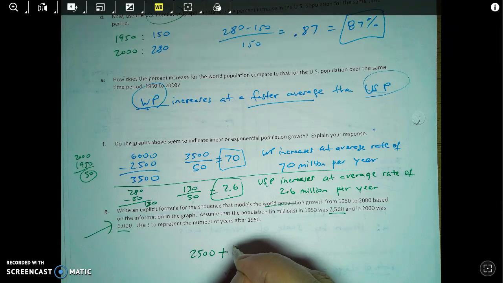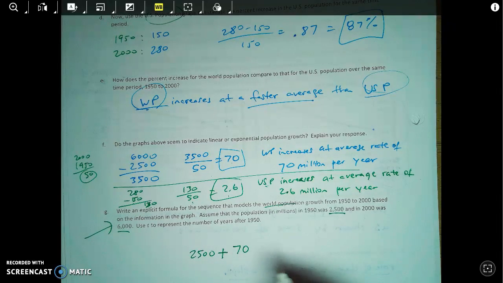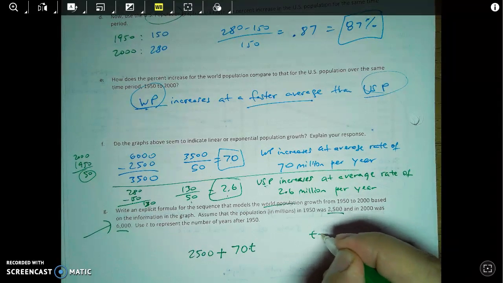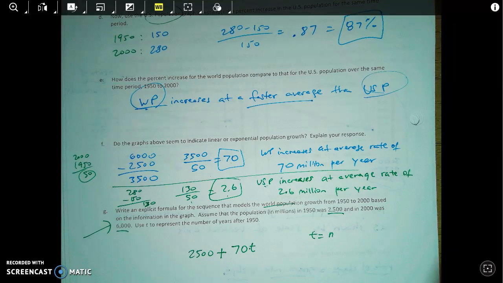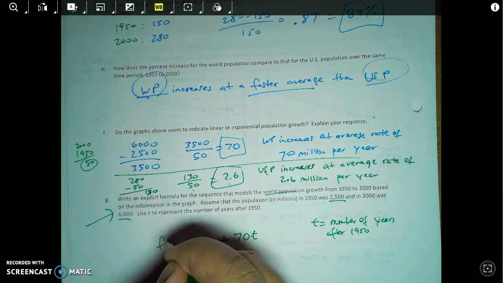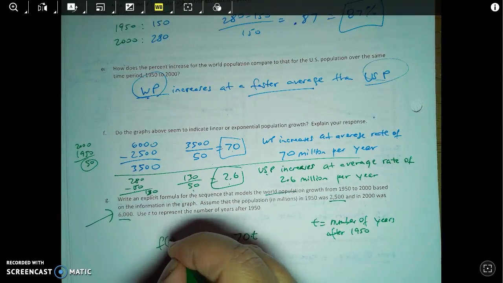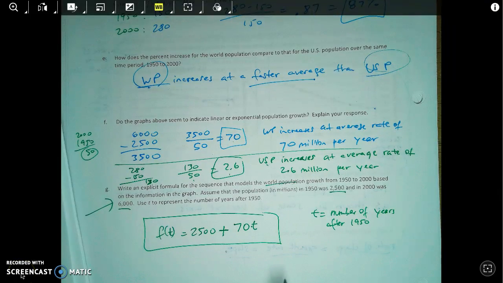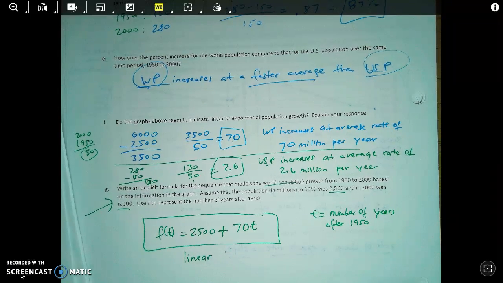So I need to add 70 times t, where t represents the number of years after 1950. Okay, so this is our f of t, this will be our formula. It's important to point out that this is a linear formula, which is a linear graph.